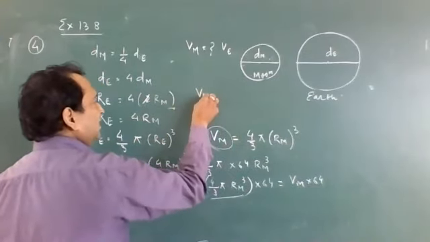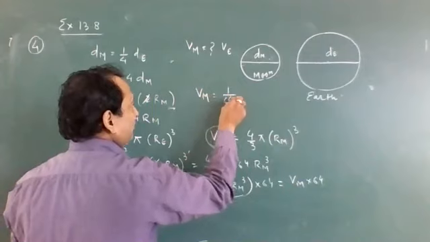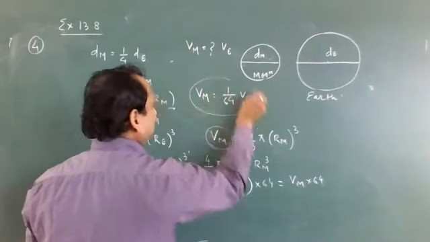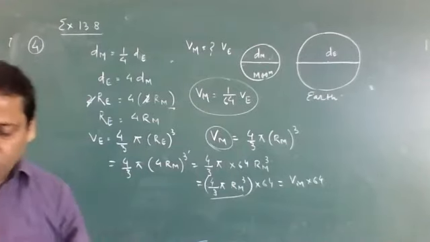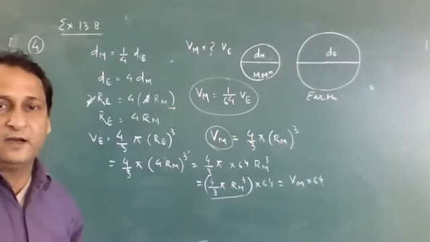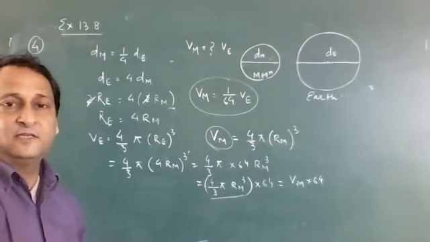Volume of moon is 1/64 of the volume of the earth. So the volume of the moon will be 1/64 part of the volume of the earth. In this question we proved that it will be 1/64 part.